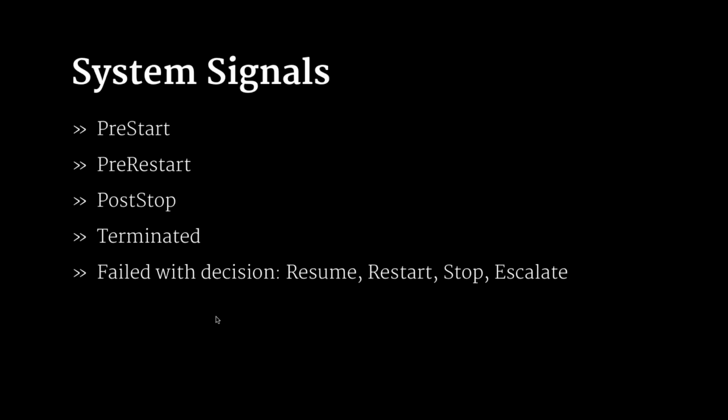Instead, we are left with handling signals. So I think it's interesting, gives us a simpler model for handling these things. So again, if you want to handle signals, you have to go for the more complete or more complex behavior constructors.